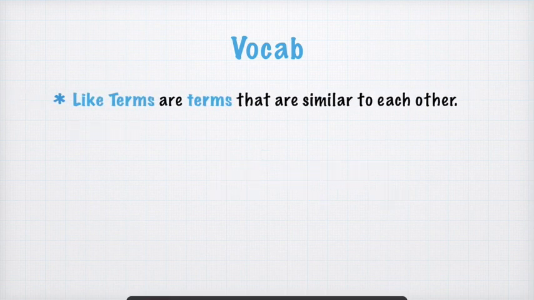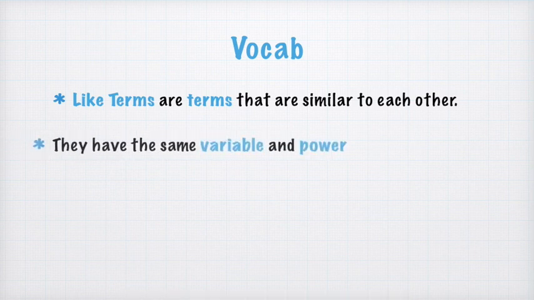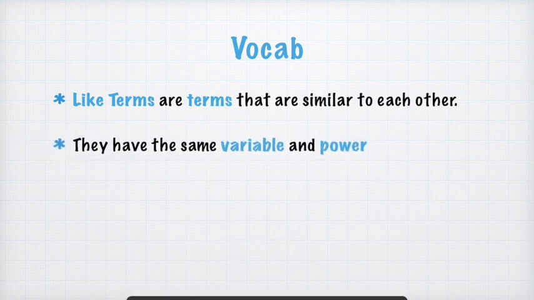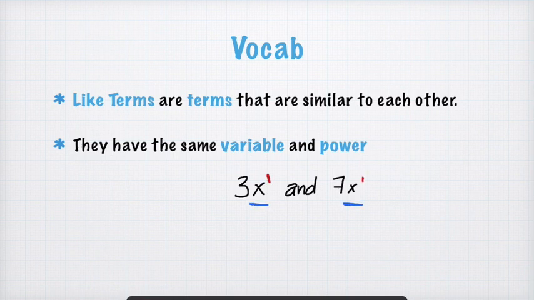Like terms are terms that are similar to each other. In order for them to be similar to each other, they have to have the same variable and the same power. 3x and 7x are like terms because they have the same variable and they have the same power, that power being 1. Here's a counterexample.